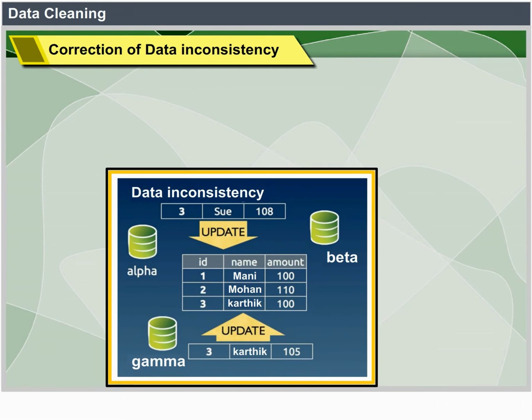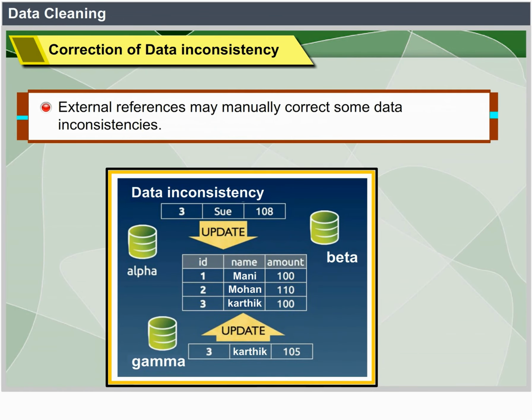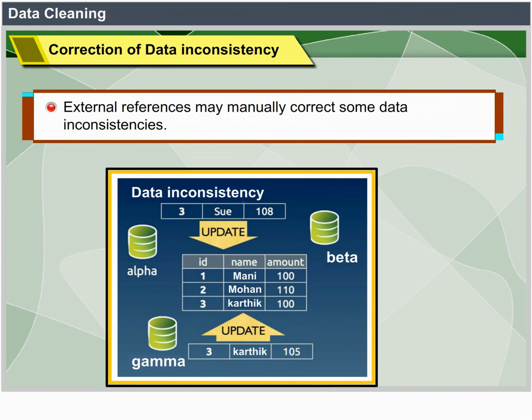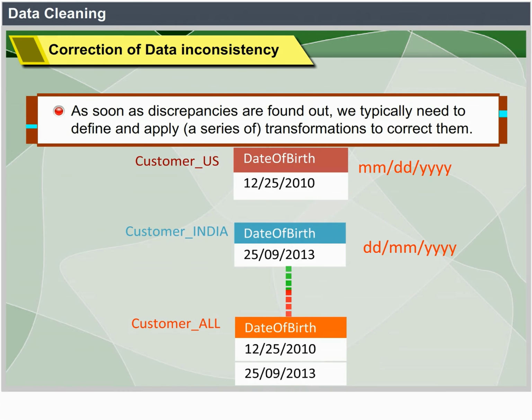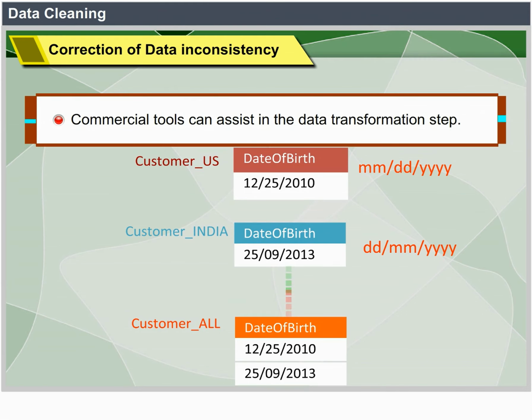Correcting data inconsistency. Some data inconsistencies may be corrected manually using external references. Most errors, however, will require data transformations. That is, once we find discrepancies, we typically need to define and apply a series of transformations to correct them. Commercial tools can assist in the data transformation step.